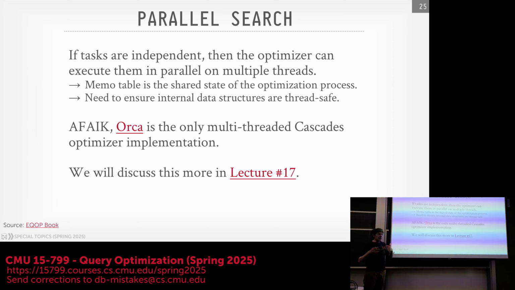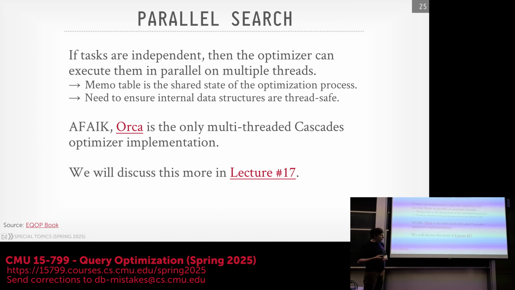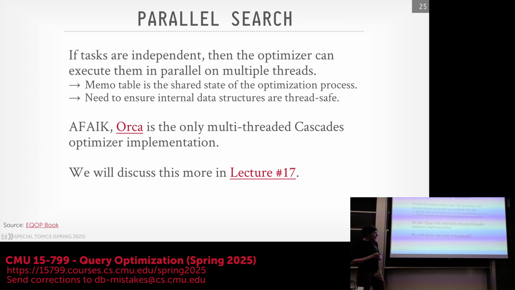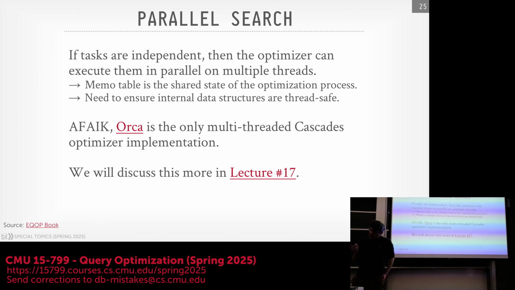The idea of a multi-core CPU is an old idea, but it didn't become mainstream in the commercial world until the 2000s. To go back and retrofit an existing code base that's already running in production, and that's making billions of dollars, and rewrite it to be parallel is probably a risk they weren't willing to take. Again, we'll cover this in more detail in a few weeks for both the top-down and bottom-up search.